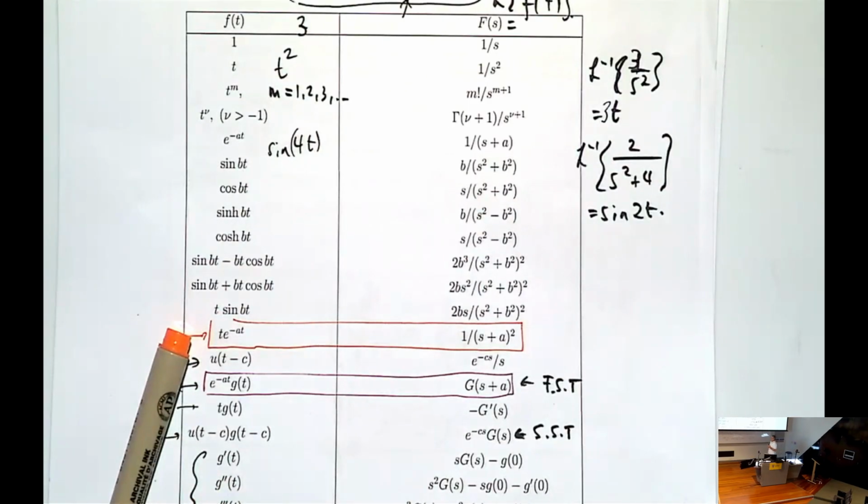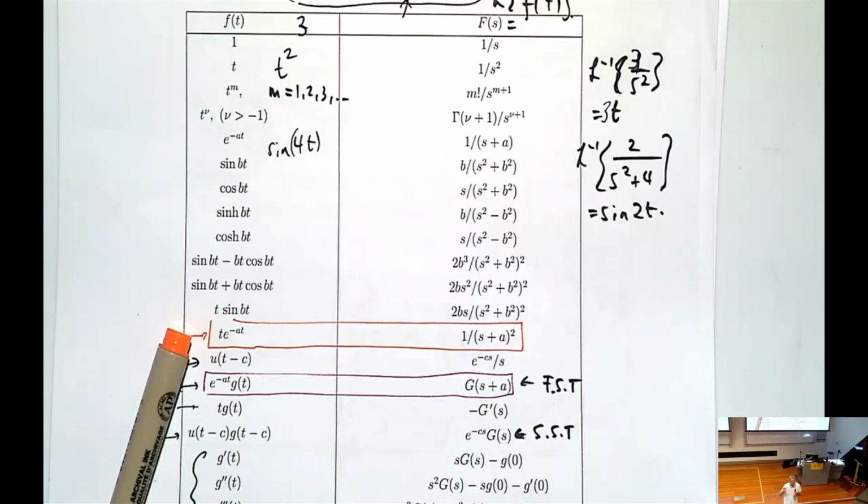Okay, is that a special case of the first shifting theorem? Ja oder nein? Ja, jawohl. Okay, so in that orange box, I know it's a bit hard to see the colour, what is little g of t?